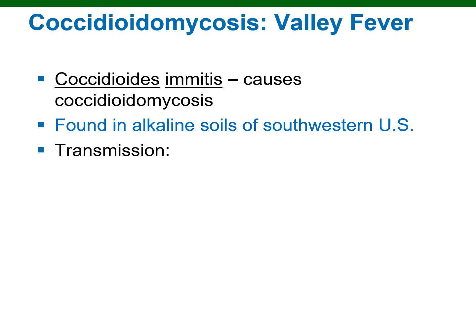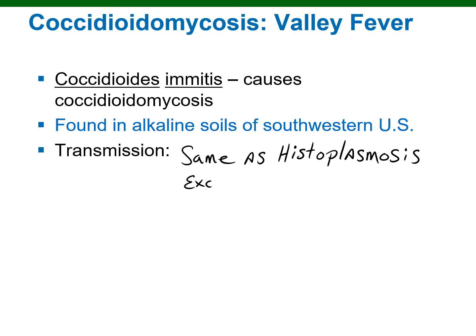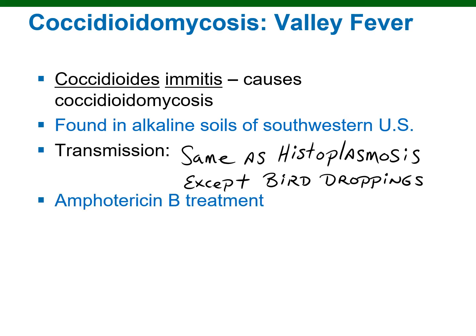So just like blastomycosis, we're going to say that valley fever is transmitted in the same way as histoplasmosis, but without specifying bird droppings as a factor. And the treatment is the same as well, which is amphotericin B.